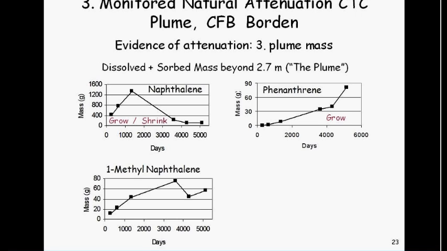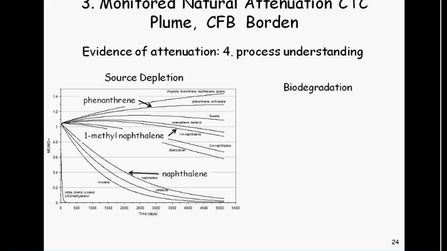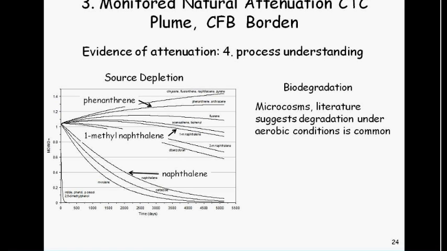So for many of the chemicals that are shrinking, the mass leaching from the source could be declining, and it may not require the mass loss rate in the plume to go up, but it does require mass loss in the plume. Well, Mark did some microcosm experiments and determined that aerobically all those chemicals were degradable.